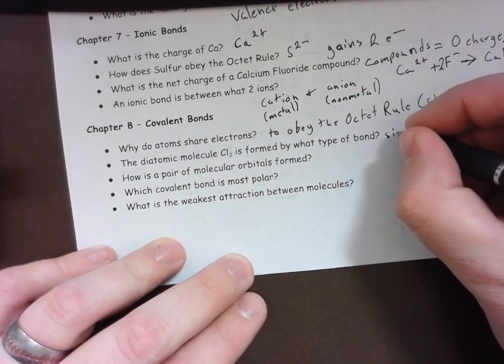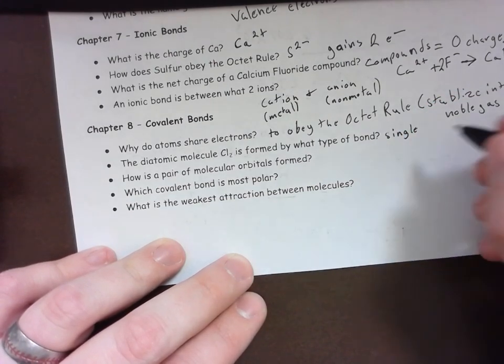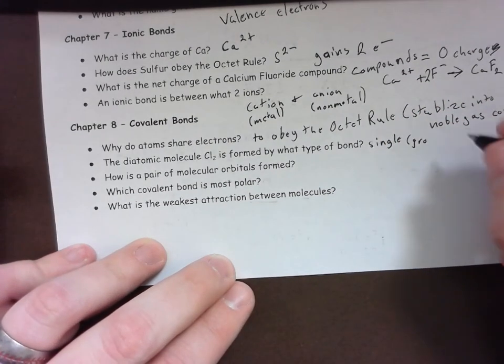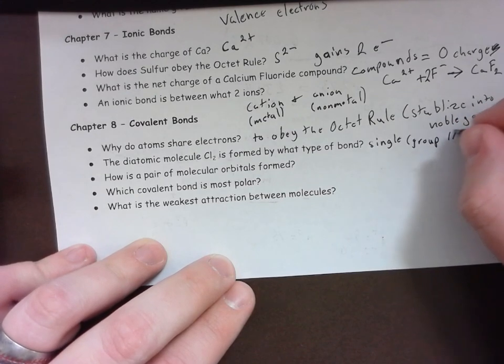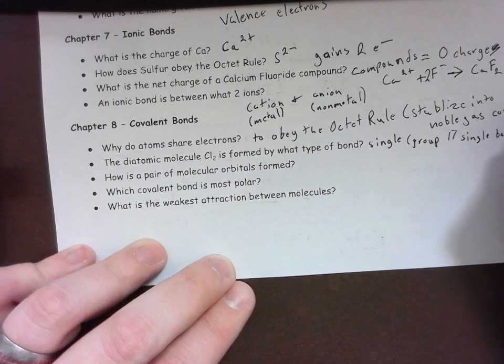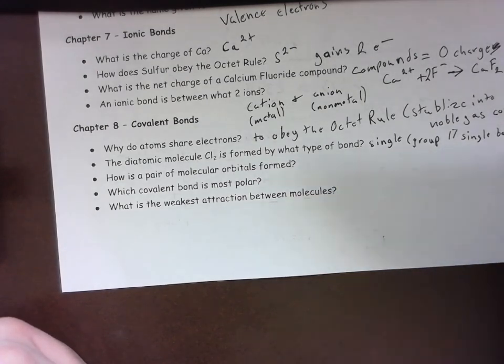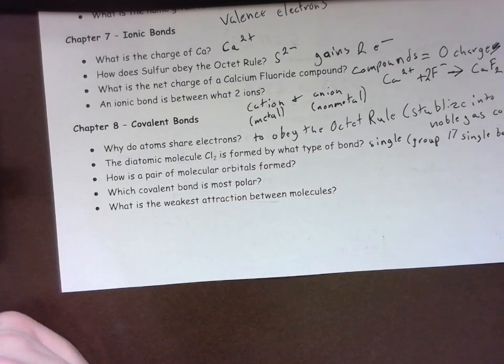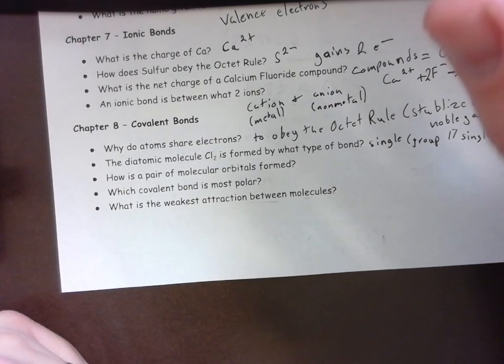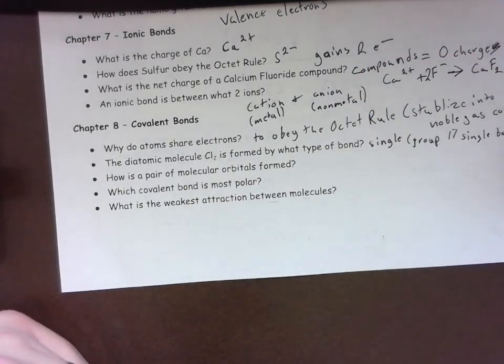Remember, all group 17 is single bonds. Double bonds are going to be group 16, triple bonds are going to be group 15, and group 14 always has 4 bonds because there are only 4, so it has to share around. That's where your carbon or organic chemistry comes from.